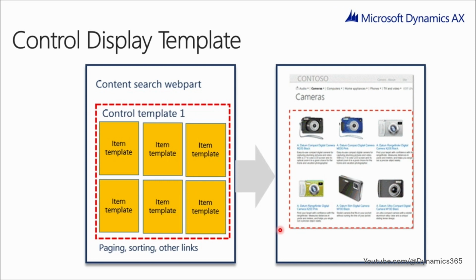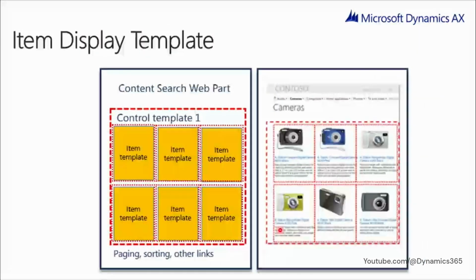The item template would be the next one, which is part of the control template, and it determines how each and every item needs to be rendered. If you see here, with the item template, it is more of an image with text, or a video and some other content like the description of an item.